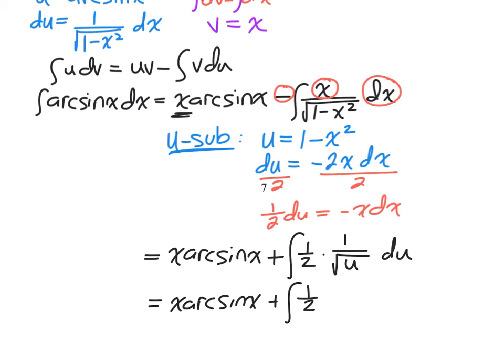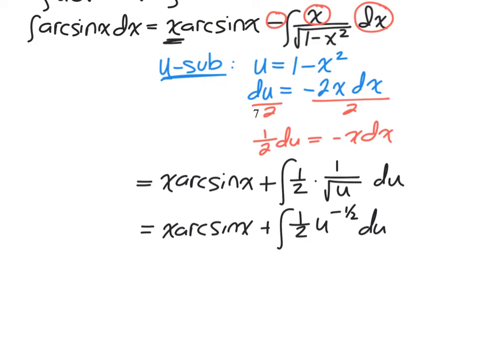And I'll do one better here, make it 1/2 u to the negative 1/2 du, so that it fits the nice power rule format. So that's going to be u to the 1/2 plus c. Then we could swap out our u for what it truly is, which is 1 minus x squared.